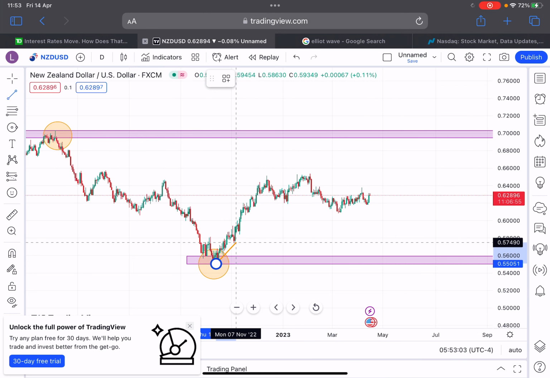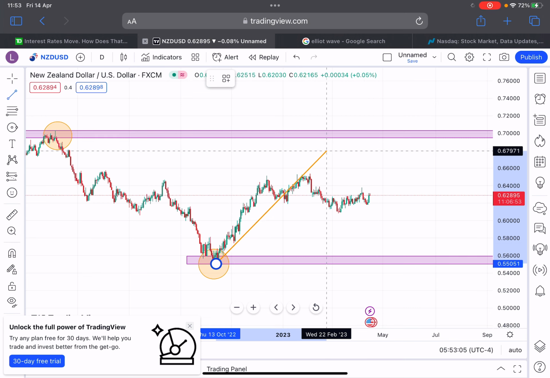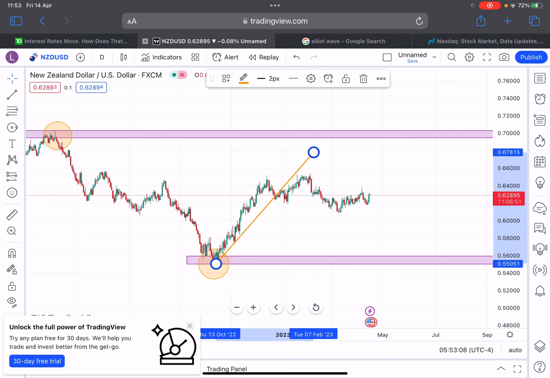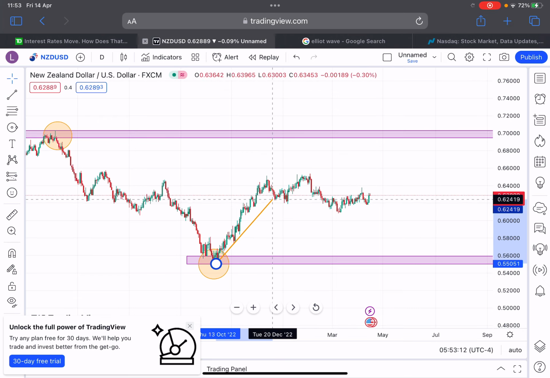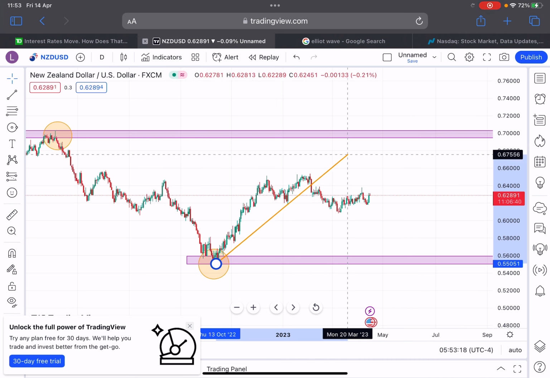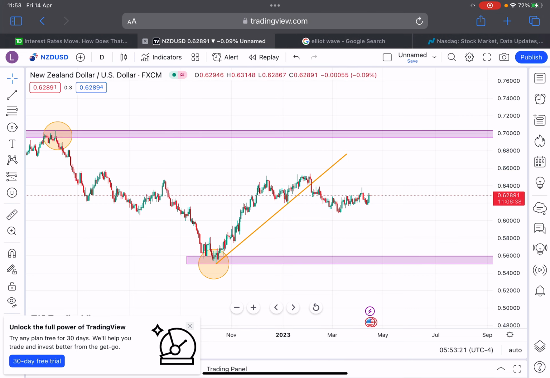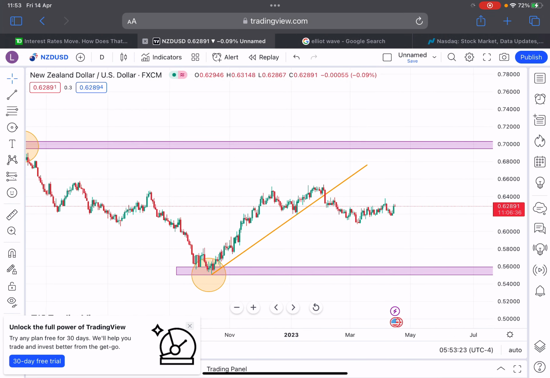Let's say we use this as our touch two and then extend the trend line to see if we have a confirmation. And you see that on touch 3 we didn't have our touch 2. Let's use this as our touch 2 and then extend the trend line. So you see that we have our confirmation if we used this.